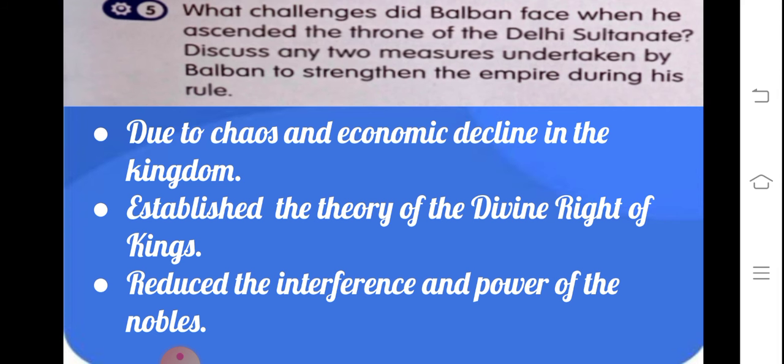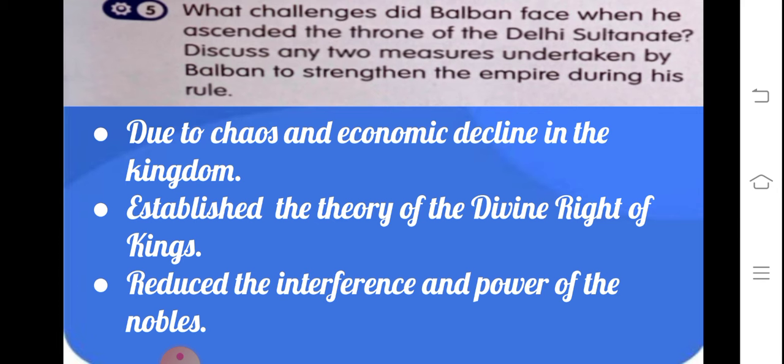Fifth question. What challenges did Balban face when he ascended the throne of the Delhi Sultanate? Discuss any two measures undertaken by Balban to strengthen the empire during his rule.